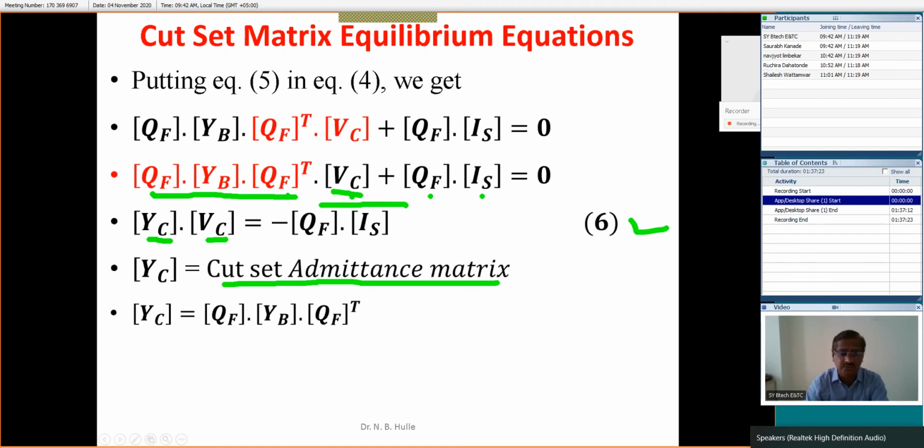This equation is known as the equilibrium equation in case of the cut sets: YC into VC equals minus QF into IS, where YC is the cut set admittance matrix, and the value of YC is nothing but QF YB into QF transpose.